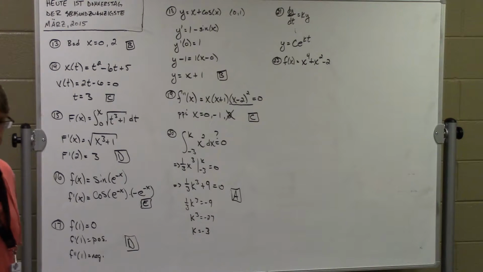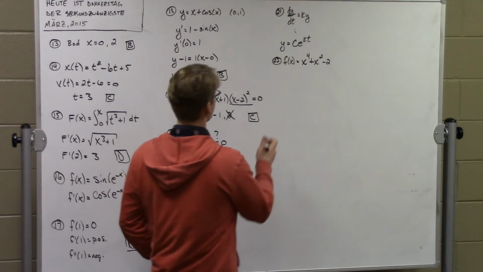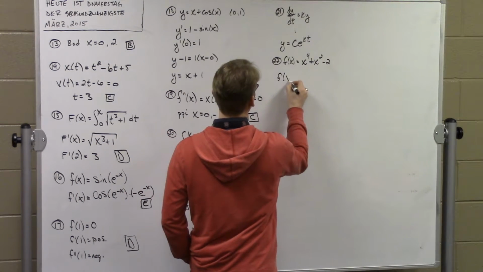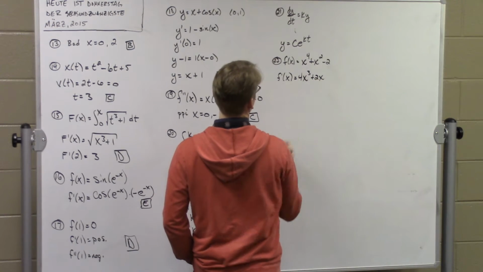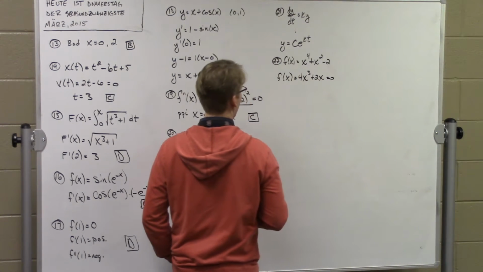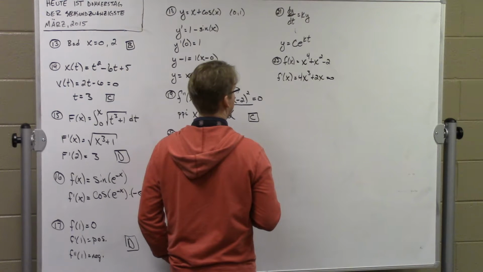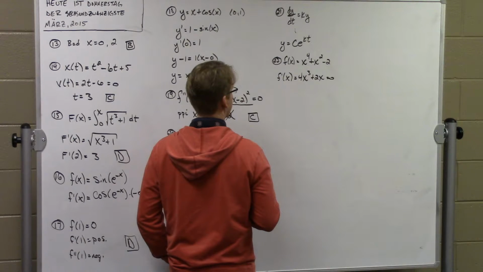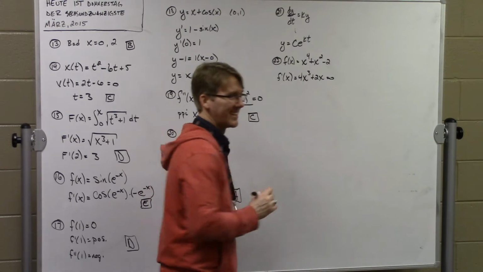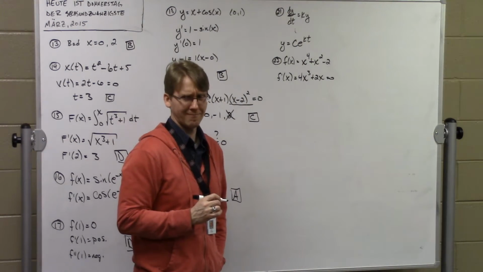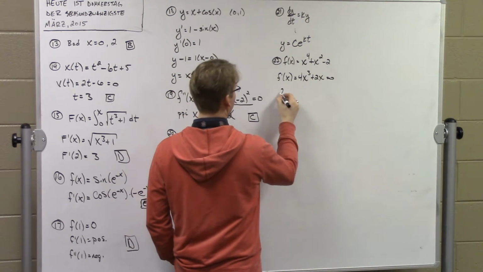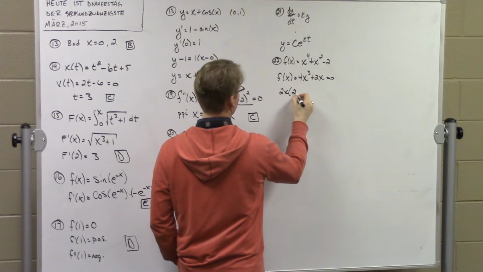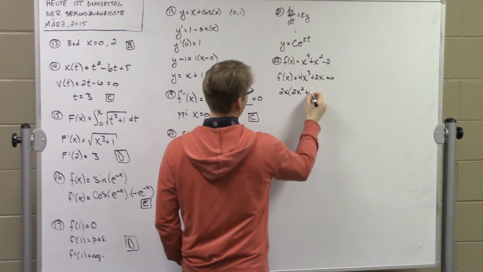I don't know. Alright, what do we need to do? Taking the derivative. 4x cubed plus 2x, set it equal to 0. I would factor out a 2x, leaving behind 2x squared plus 1.